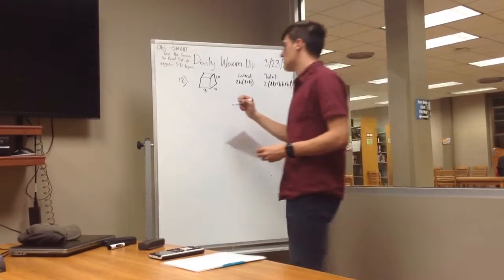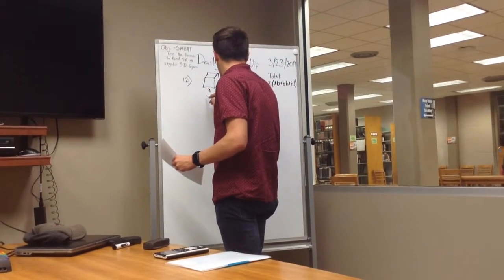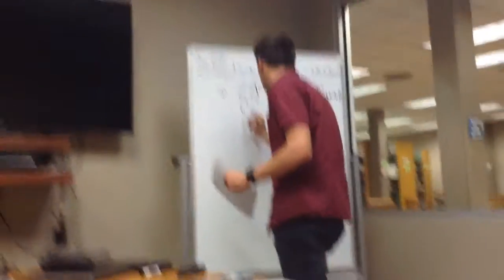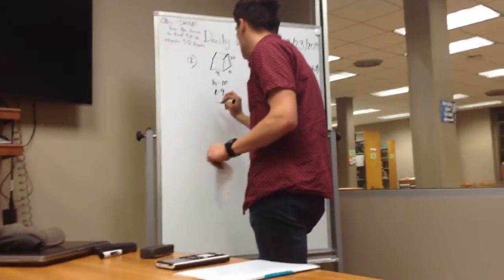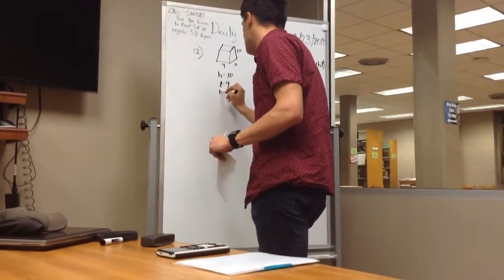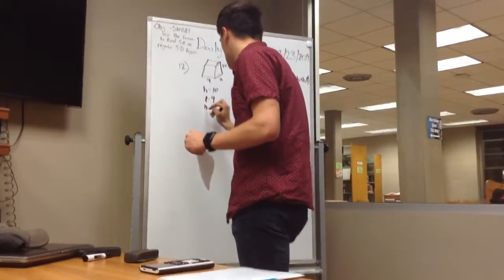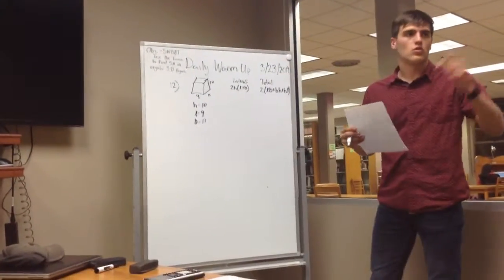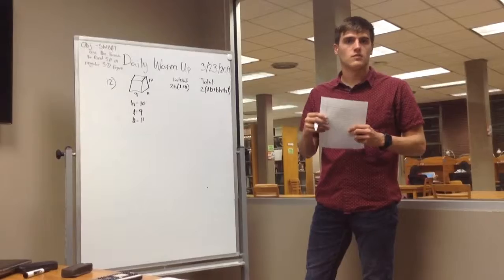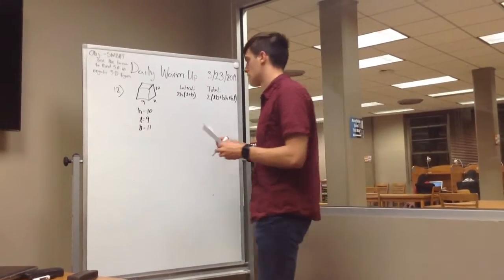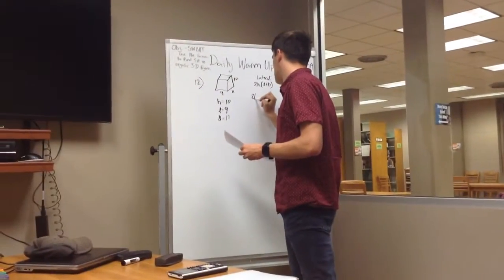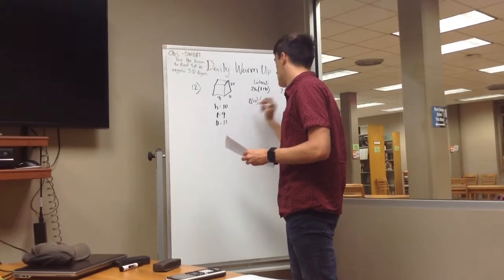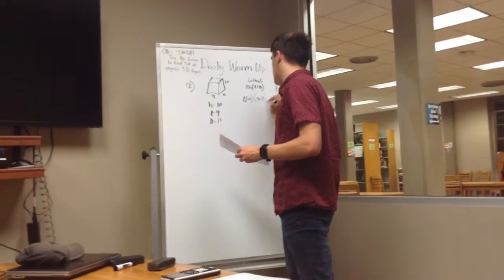Alright, so now let's plug in some of these values. We've got H equaling 10, our length equaling 9, and our base, or our width, equaling 11. Now, who wants to plug it into the formula? Perfect, Jonathan. We've got 2 times 10 times (9 plus 11).